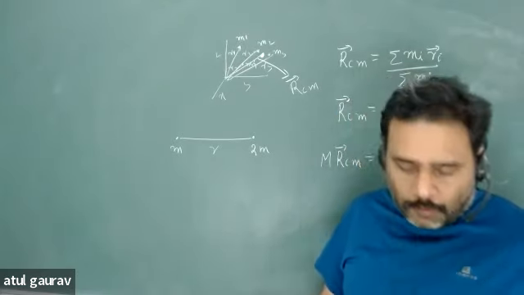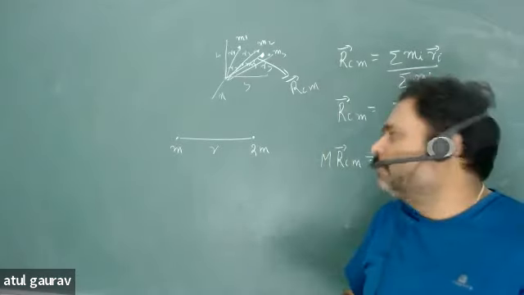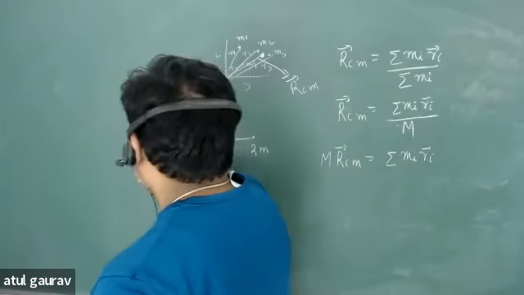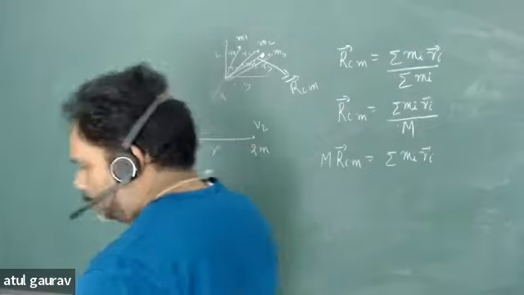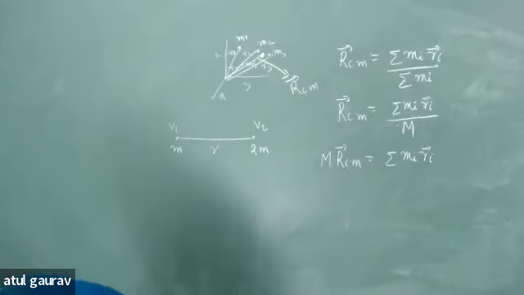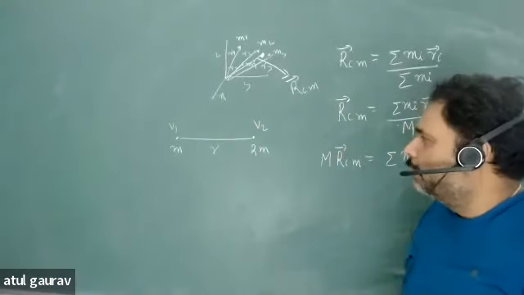What will be the ratio of their velocities? Let's say the velocity of one is v1 and the other is v2. Look at this particular problem, and you can see how center of mass will help you solve it.